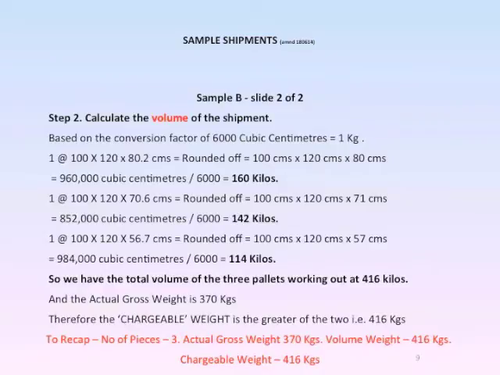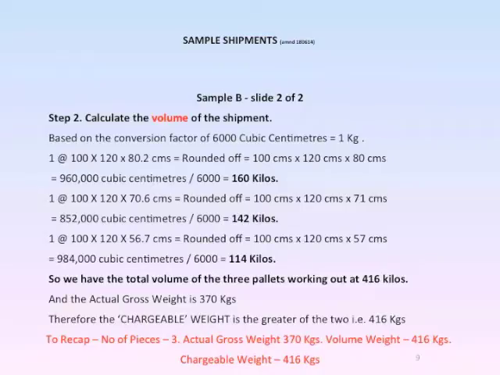So we have 1 pallet at 100 by 120 by 80.2 centimetres. Rounded off becomes 100 by 120 by 80 centimetres. Multiplied out gives us 960,000 cubic centimetres. We divide by the conversion factor of 6,000 and this gives us 160 kilos.